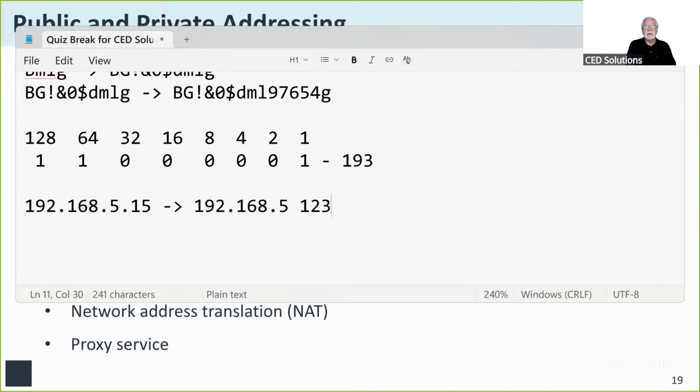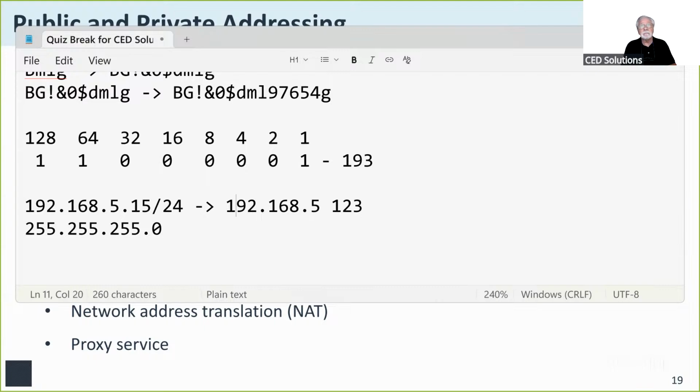Okay. Now, that is a Class C network. In that Class C network, the subnet mask is 255.255.255.0. If I'm using classless interdomain routing, it would be /24.